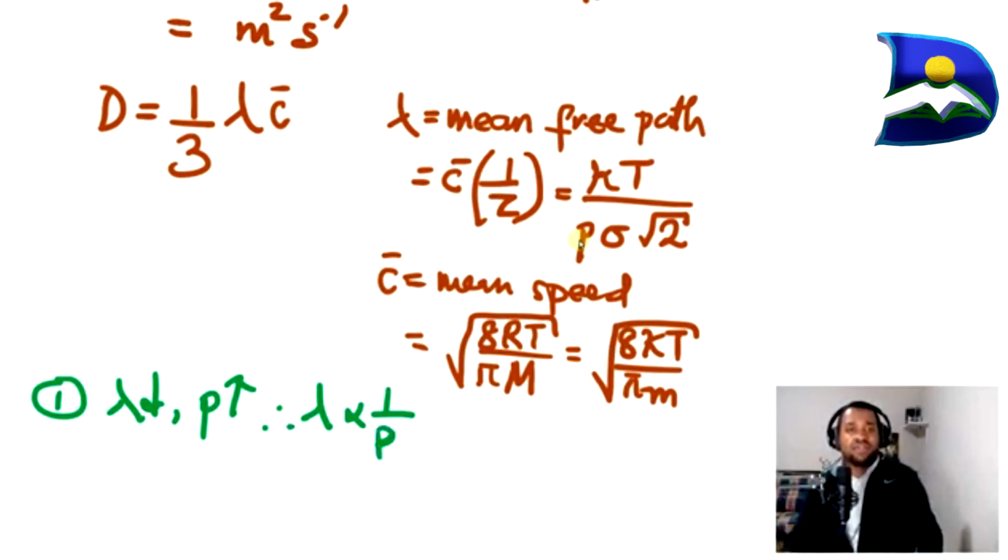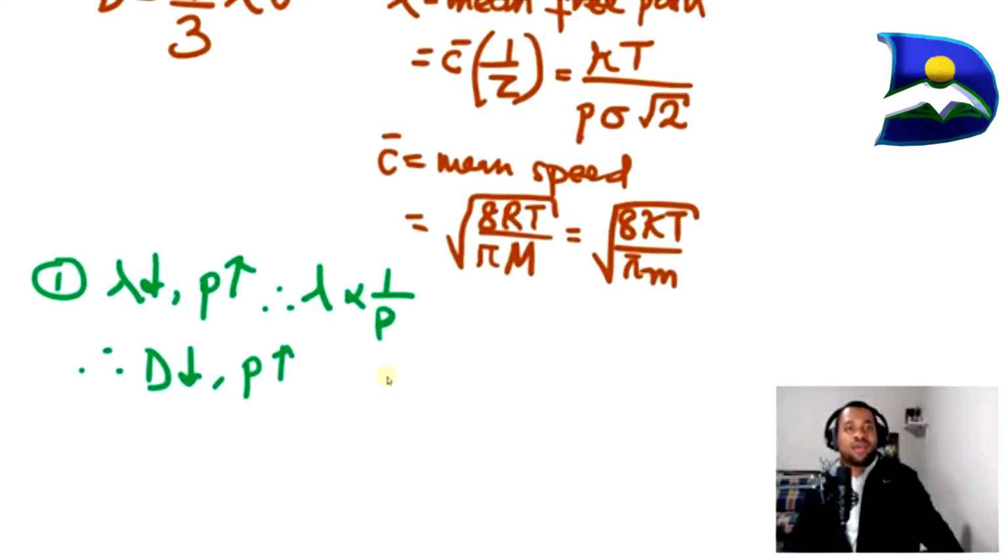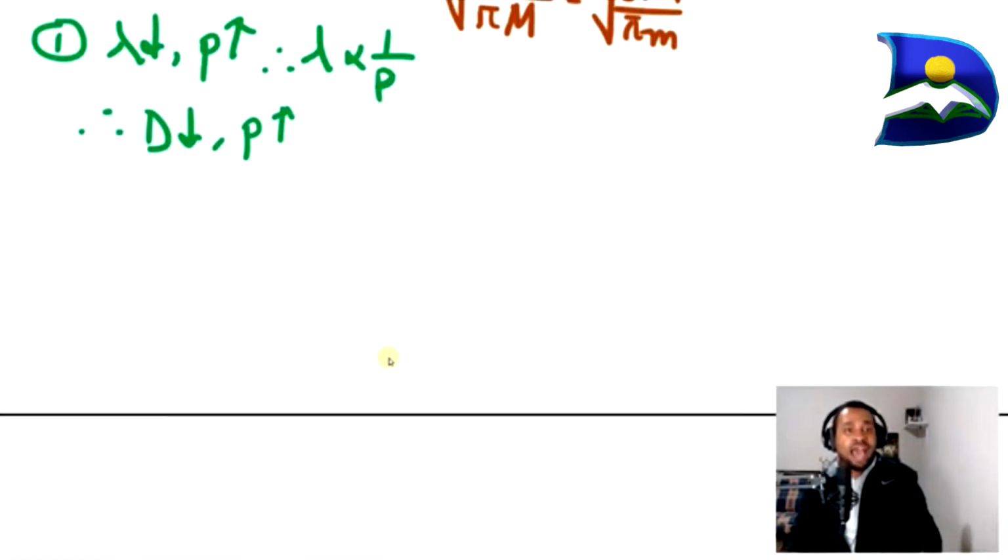Relating this to our D, the diffusion coefficient, we know that it decreases as the pressure increases. As a result, we can conclude that gas molecules will diffuse more slowly when you increase the pressure.